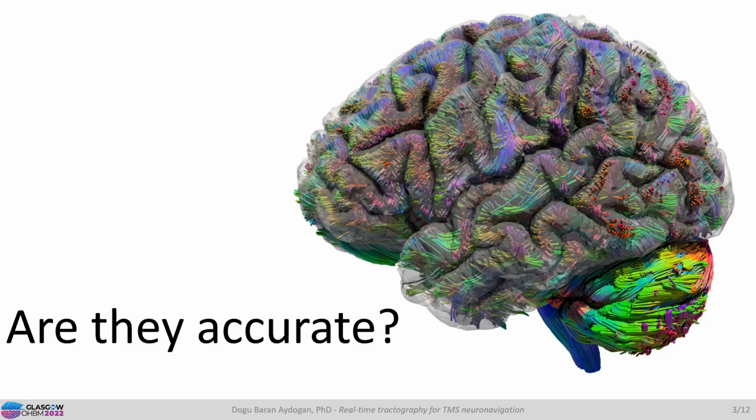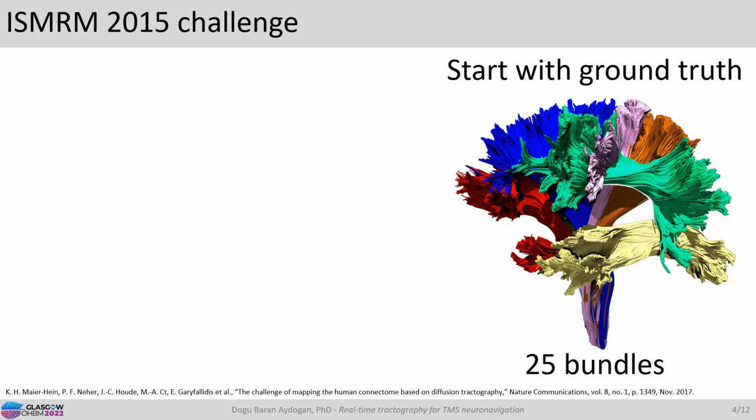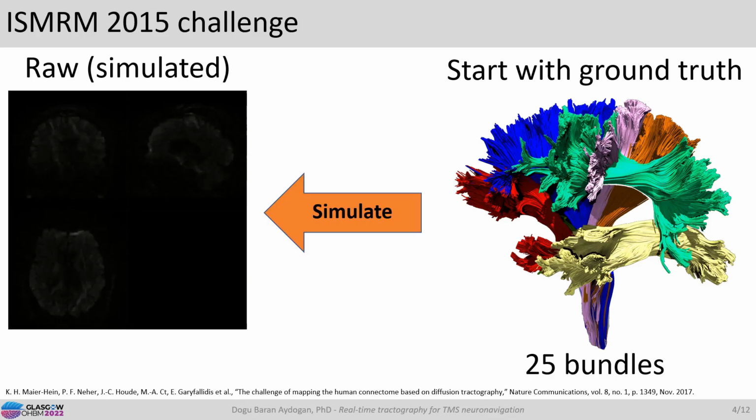But is tractography reflecting the structural connectivity in the brain accurately? An important effort to mention here is the ISMRM 2015 Tractography Challenge. Here, the organizers started with a ground truth tractogram, which was basically a combination of 25 major fiber bundles in the brain. From this ground truth, they simulated diffusion MRI data, which was given to the contestants.